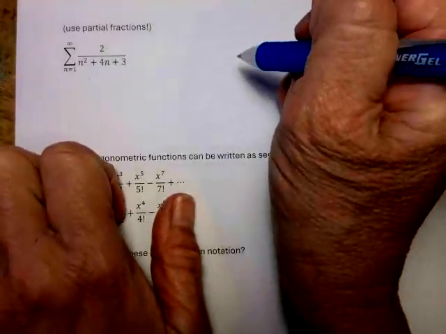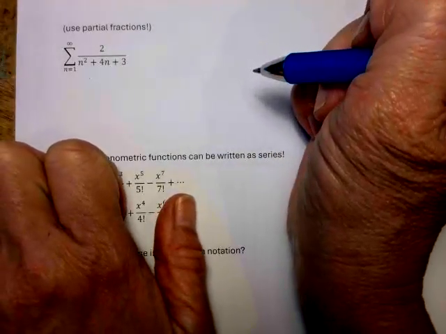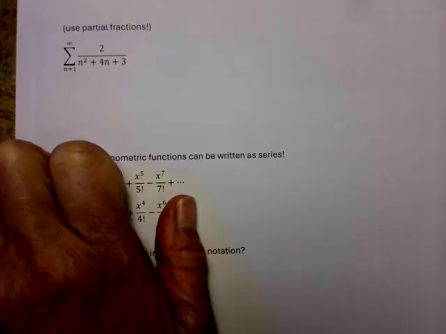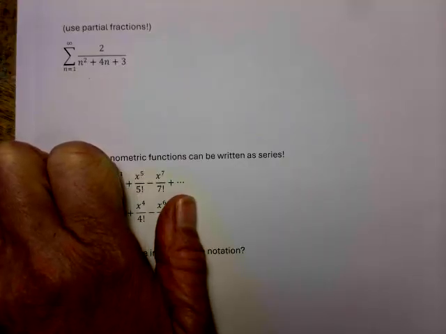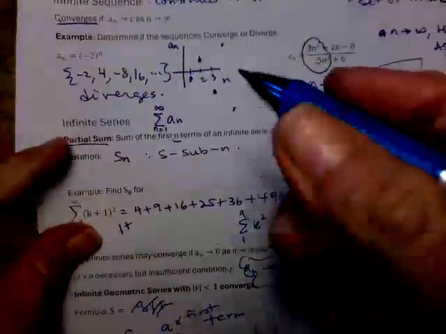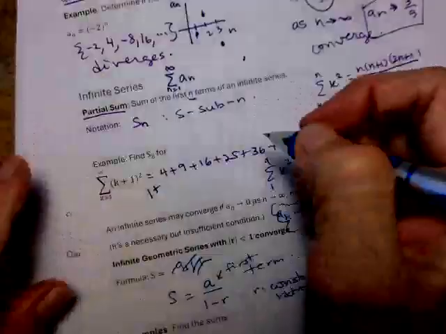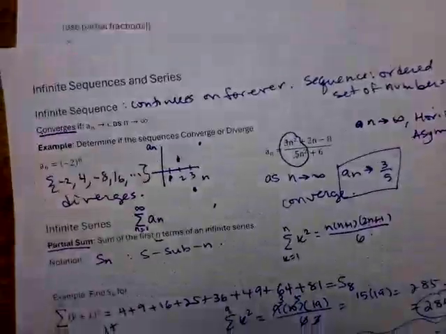If your nth term does not go to 0, that's what I should have written on my first page. Let me find that. Back over here. Right here. Oh, no, it was from here.